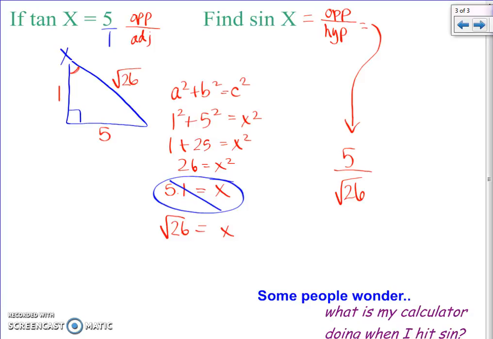Yeah, we have a square root in the denominator. Fractions are finicky. They don't like certain things in the bottom. So we can't have roots underneath. So how do we get rid of this? Top and bottom, multiply by that root. Okay, so now we just multiply straight across. So on the top we have 5 root 26, and we have 26 on the bottom.